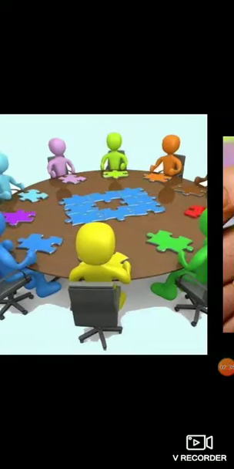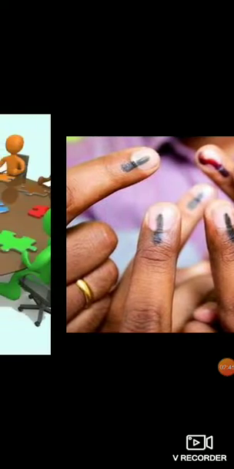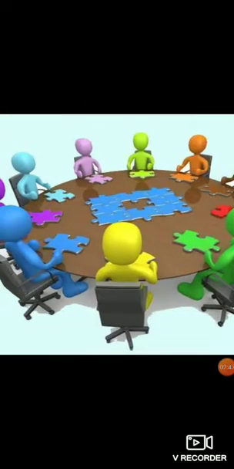How are they elected? They are elected by the people of the country, and the government refers to the people who govern the country. What is a government? Government refers to the people who govern the country.